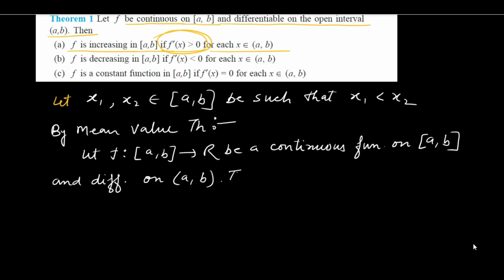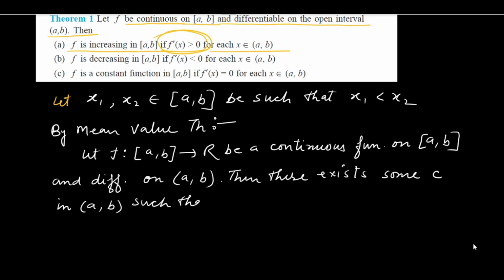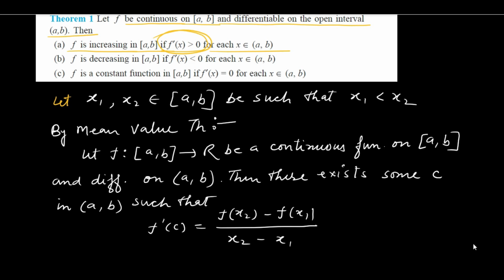Then there exists some c in the interval (a,b) such that f'(c) is equal to (f(x2) minus f(x1)) upon (x2 minus x1).